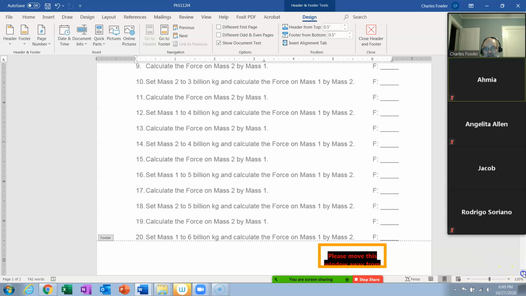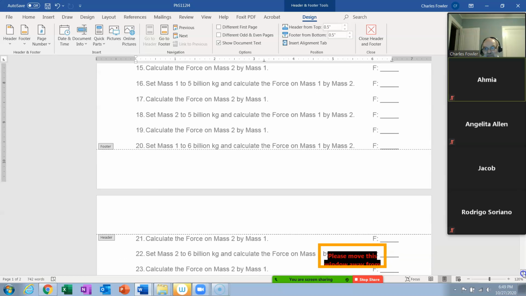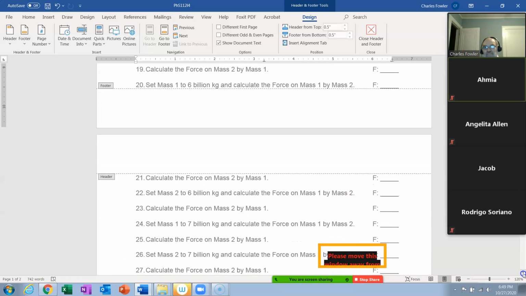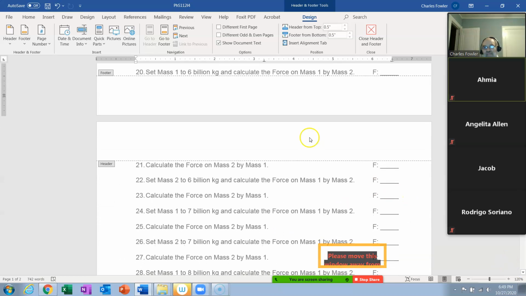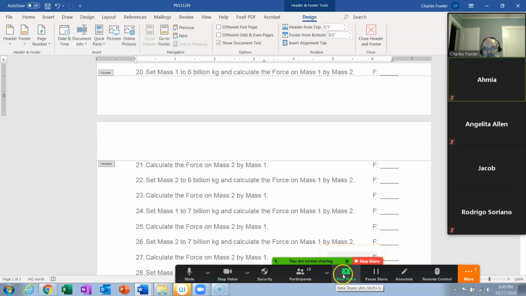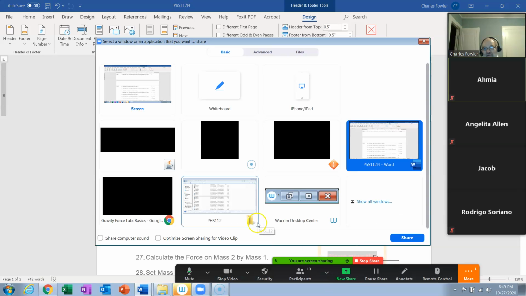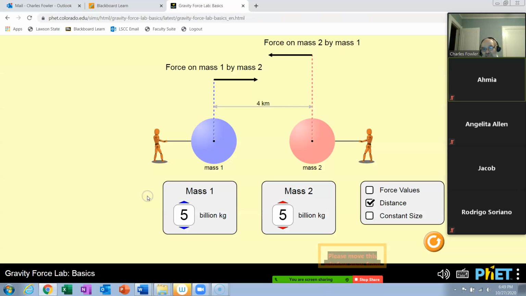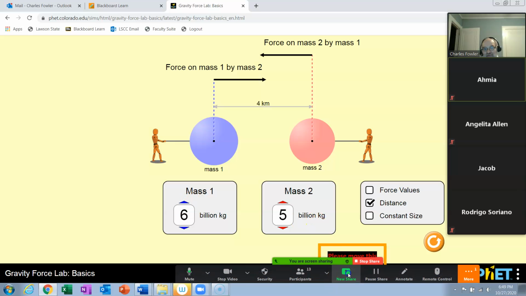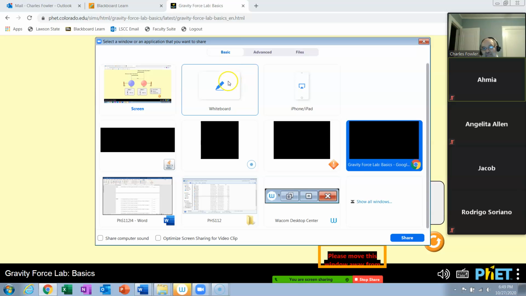Okay, now we're going down to set mass 1 to 6 billion kilograms. Go to the gravity force lab. Let's bump this up to 6 billion kilograms. Okay, so let's now go to our whiteboard and do that one.